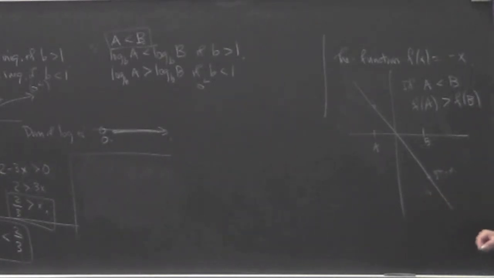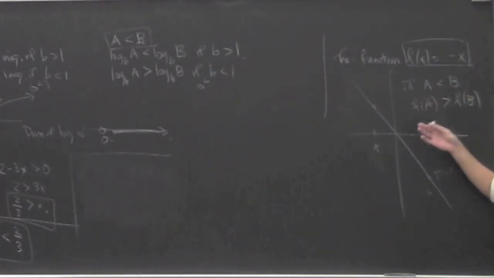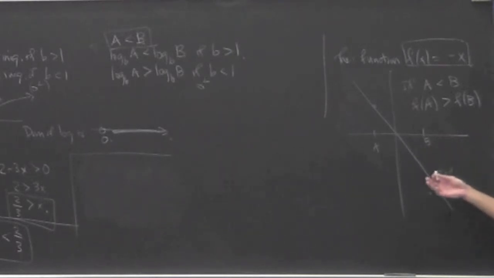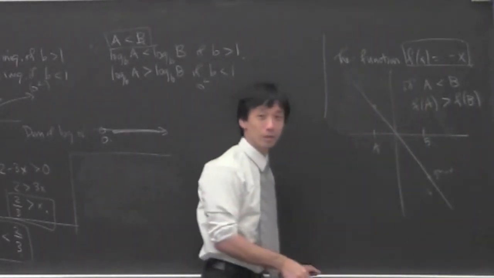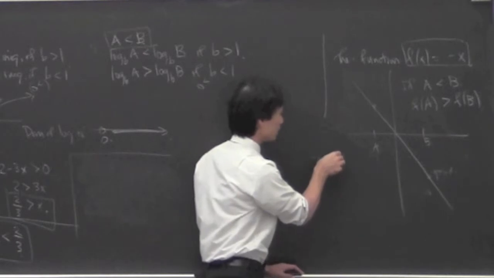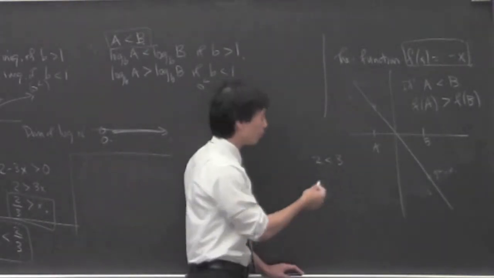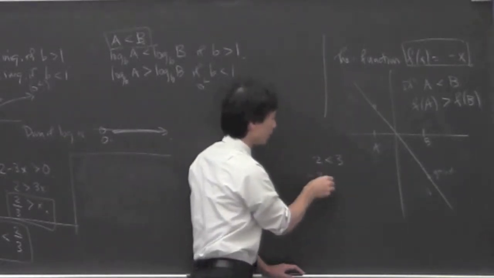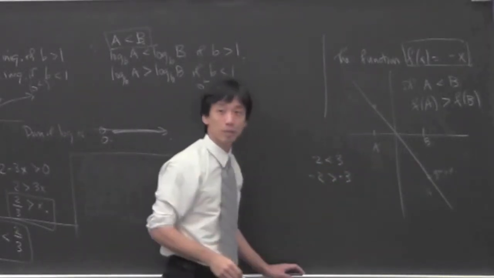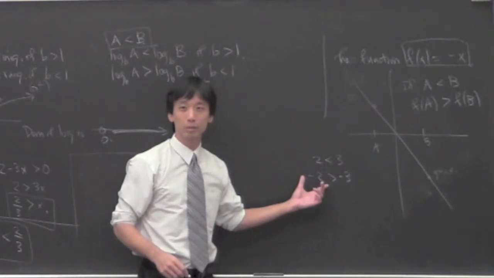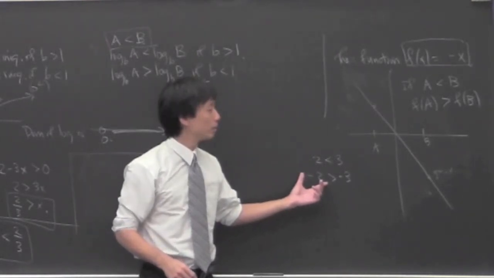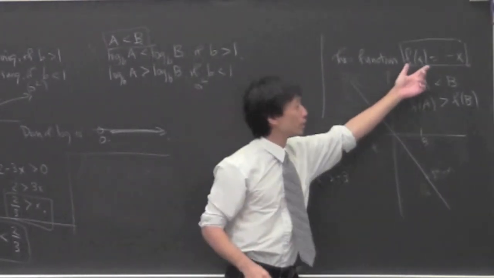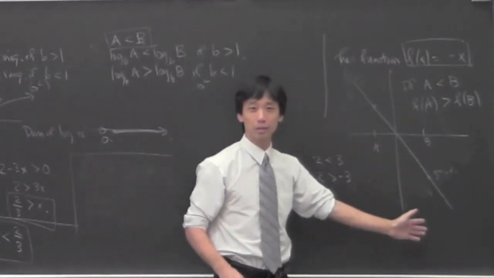This function is a function that reverses the inequalities. As you know from elementary school, if you have 2 is less than 3, and you put both sides into the minus function, then you have to switch the sign. Why? Because this function is a decreasing function.